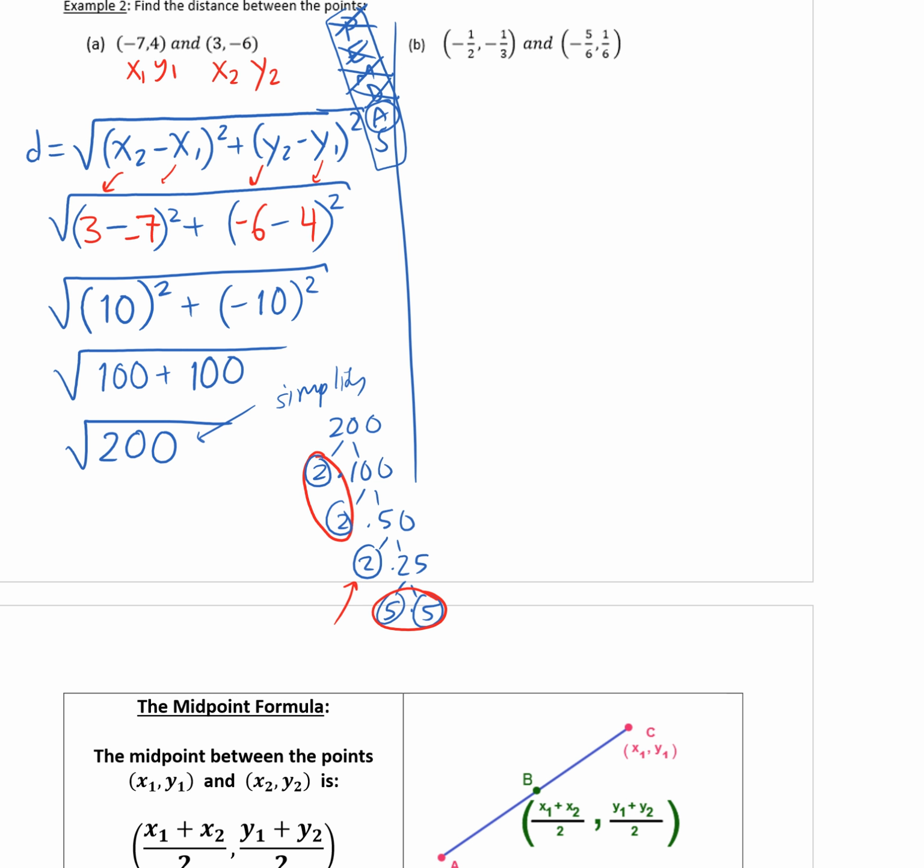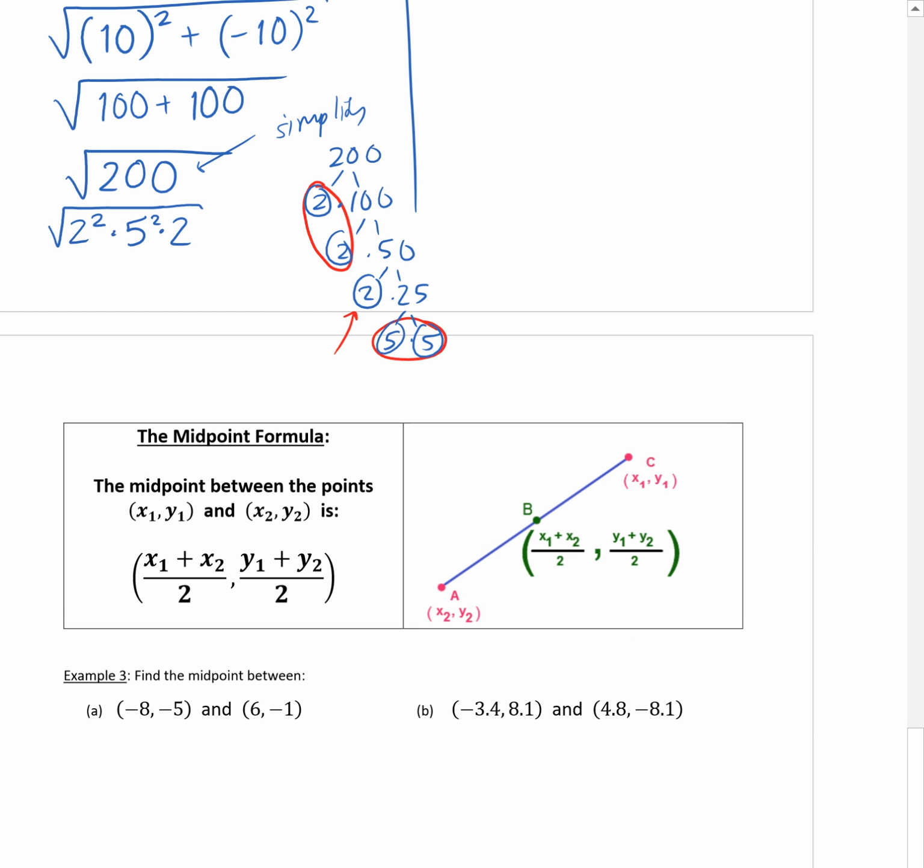Let me rewrite this 200 inside the square root as 2 squared, because I had a pair of 2's, and then a 5 squared, because there was a pair of 5's, and then that last 2 that didn't have a pair. So each of those is going to get their own square root, the 2 squared, the 5 squared, and then that 2.